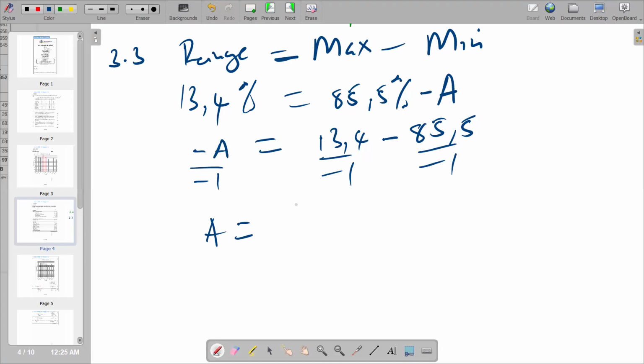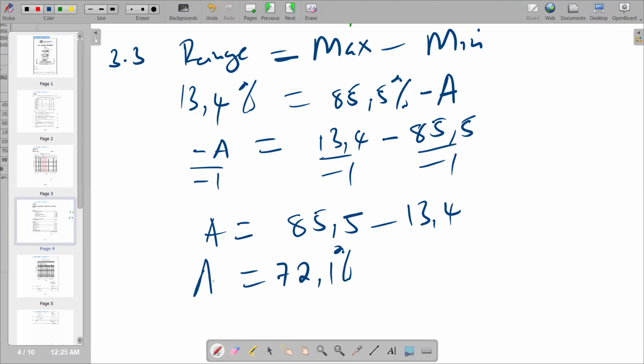So it now becomes 85.5 minus 13.4. So we calculate it. You see that the answer that we are going to get now is going to be 72.1 percent, which is representing your A. So basically, that's what we have as a final answer.